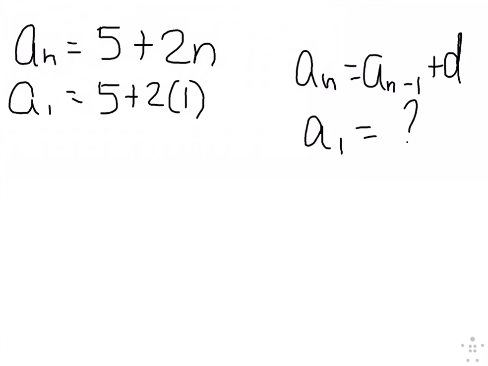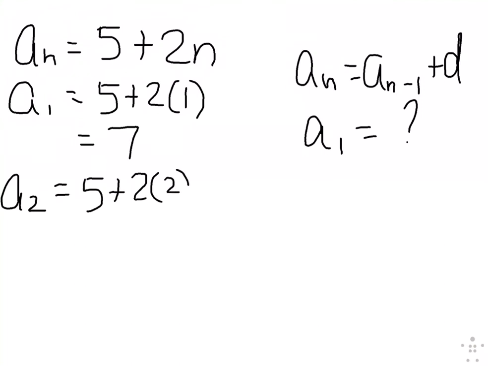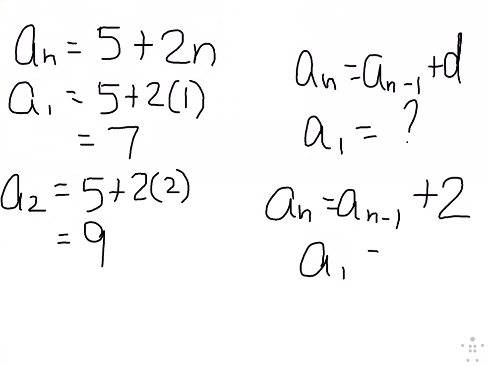What's 2 times 1 plus 5? 7. Hey, didn't you need to know what A1 was anyway? Then, as long as you have established that it's arithmetic, if we find A2, 5 plus 2 times 2, what's 2 times 2 plus 5? 9. So how do I increase it from 7 to 9? Add 2. So a sub n equals a sub n minus 1 plus 2, and a1 is 7.